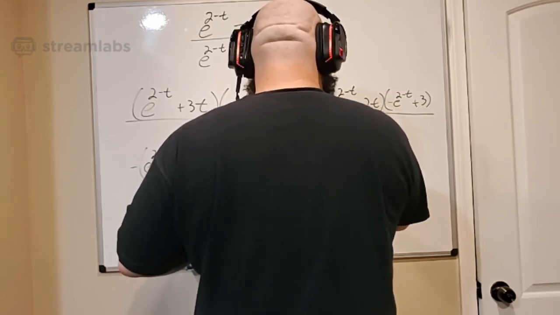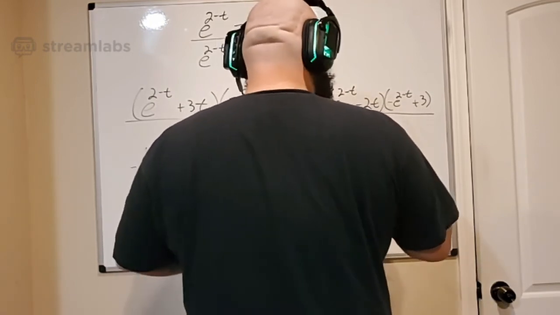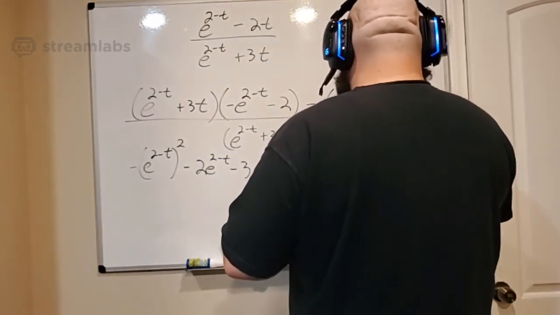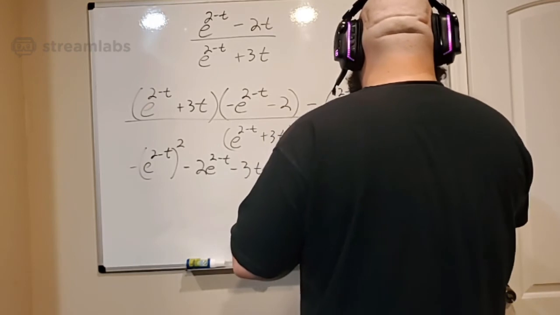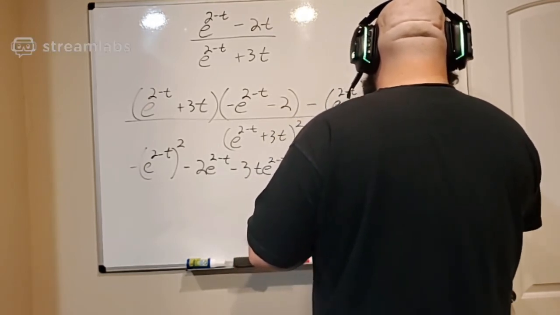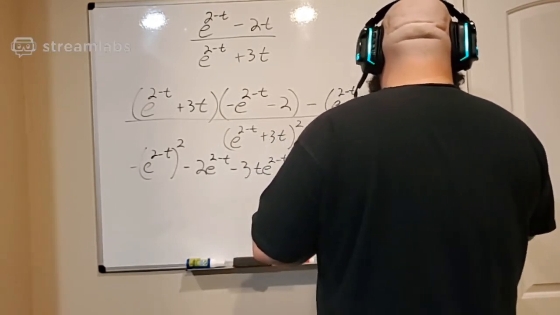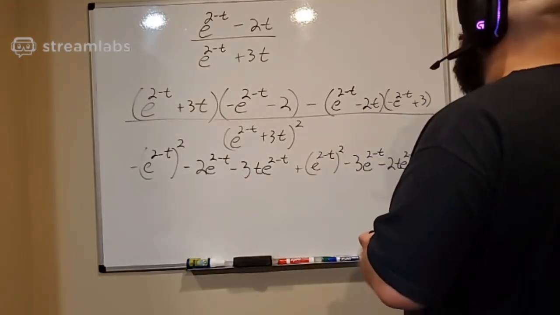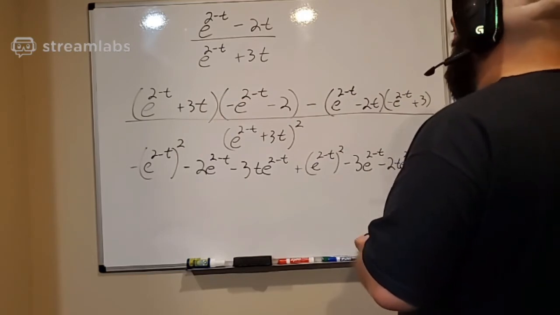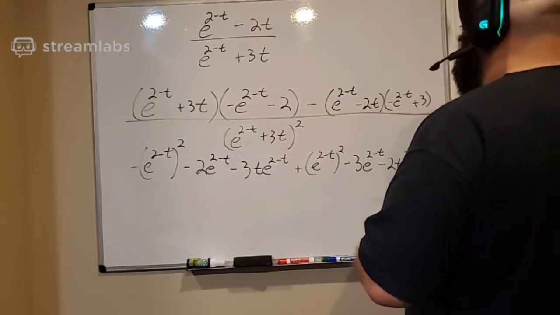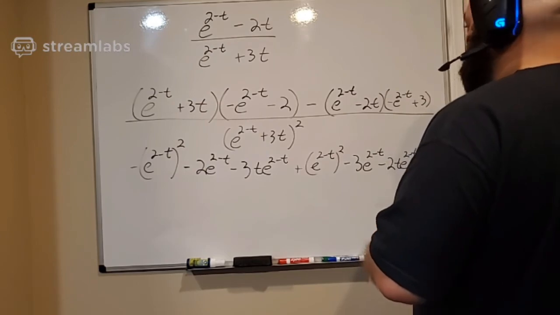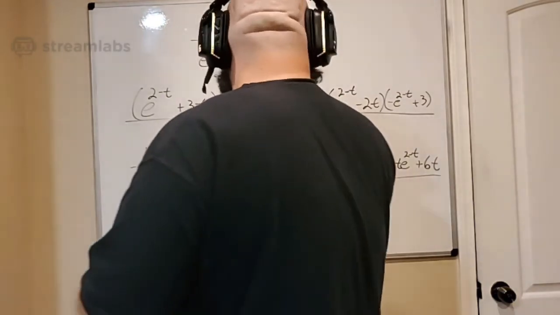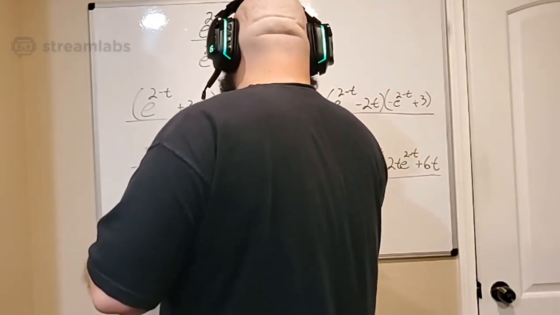And then minus 3e to the 2 minus t minus 2t e to the 2 minus t minus, is it plus 3t? No, because you did the derivative of 3t. The second part's the derivative of the bottom. Oh, the second part, never mind. And then all of that over the bottom, which is e to the 2 minus t. So the squared parts cancel.